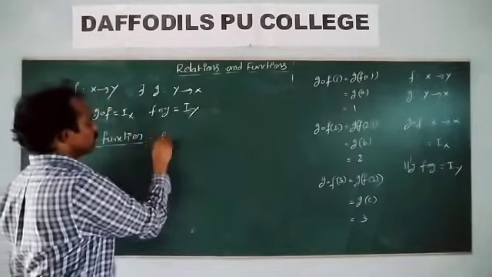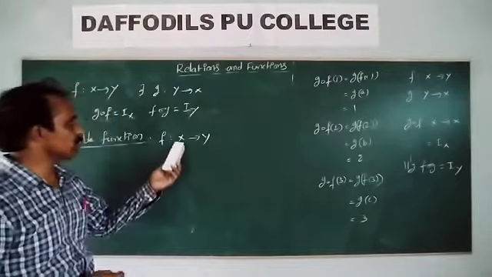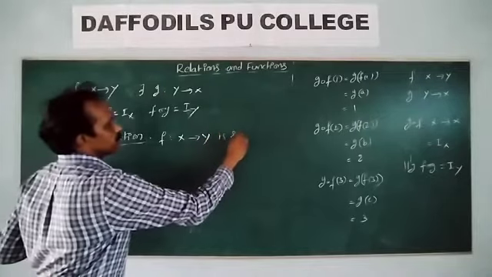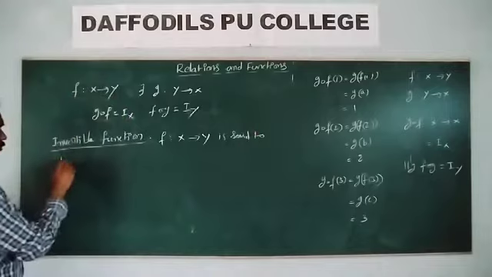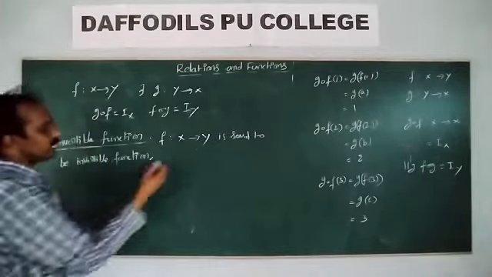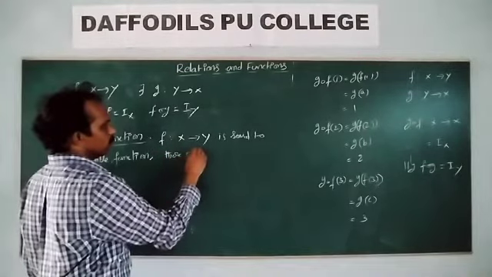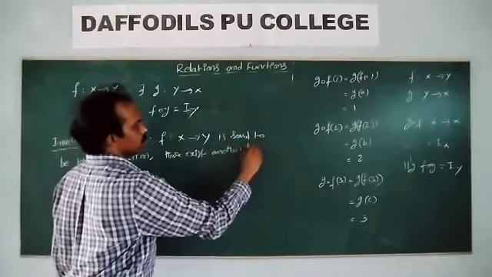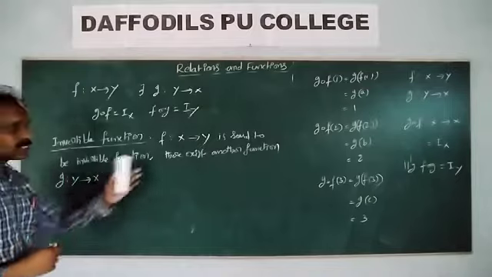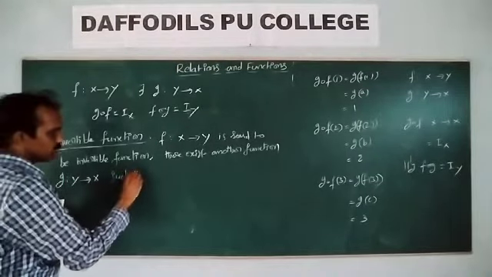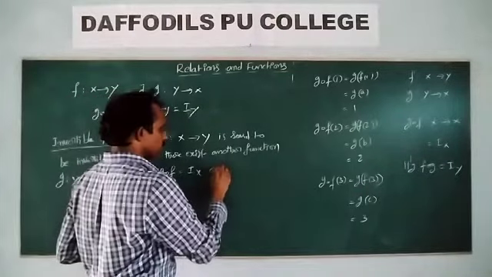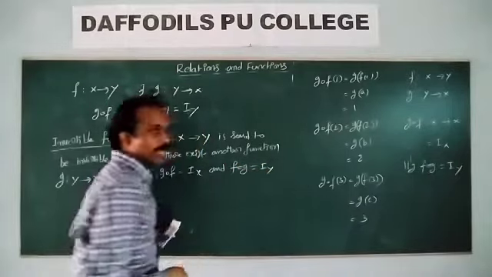A function f maps X to Y is said to be an invertible function if there exists another function g maps Y to X such that g circle f is equal to Ix and f circle g is equal to Iy, as already proved in the example.